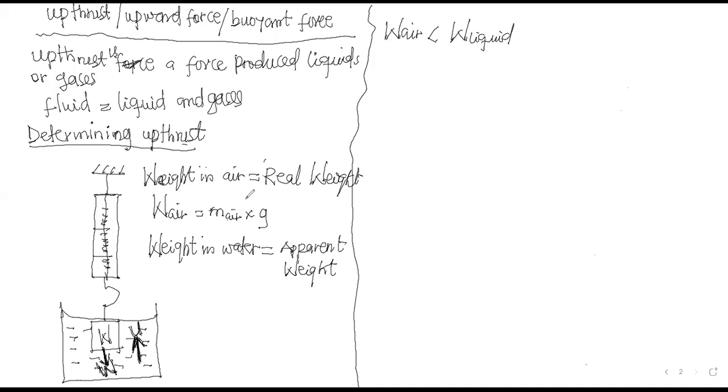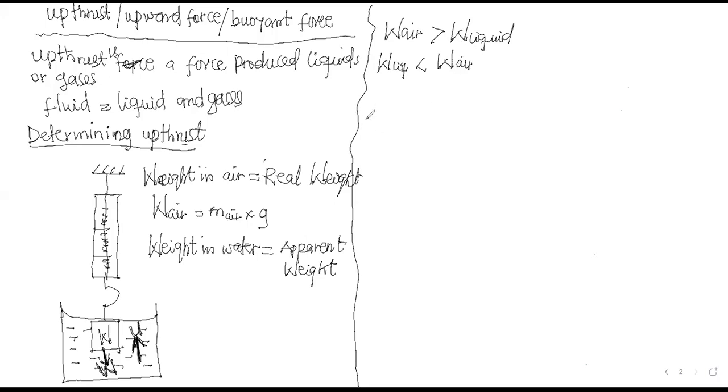Sir, please, you said the weight of an object in water is less than the one in air, right? Yes. Sir, please, but what you've written here, you've written the weight is actually less than the weight. Weight in air, thank you, is rather greater. The weight in air is greater than the weight in liquid, or the weight of the object in the liquid is less than the weight in air.